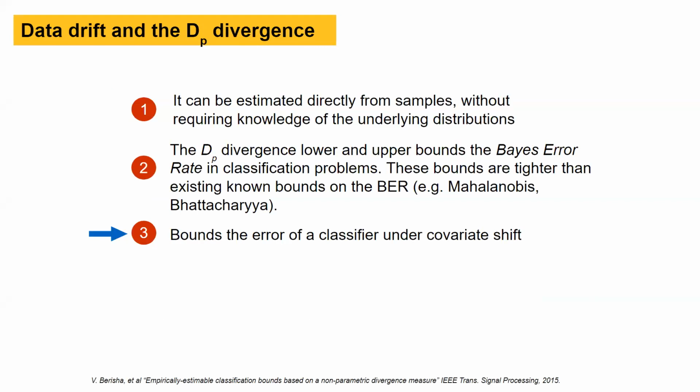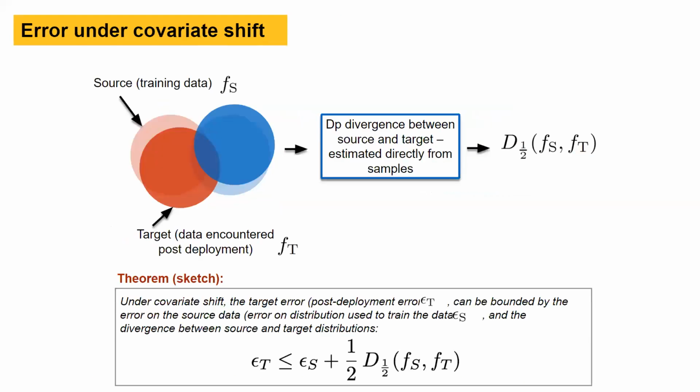Another thing is that we can use the same divergence metric that we used to measure the class overlap and apply it to the difference between the source data and the target. The source data is the data that your model was trained and evaluated on, and the target is the deployment.